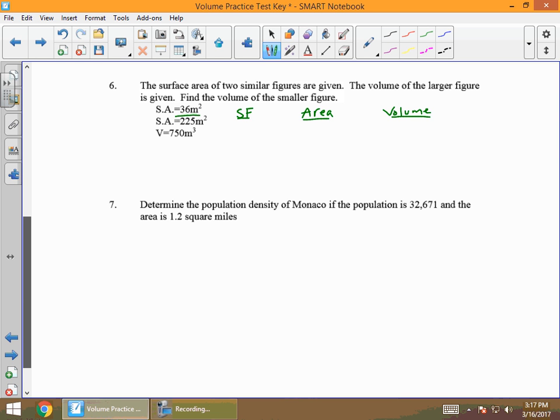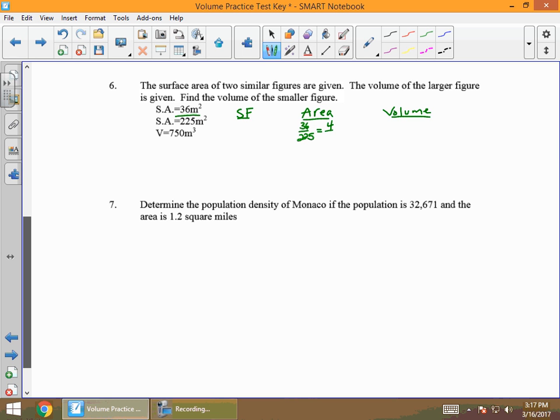They tell me the areas are 36 over 25. So if I type it into my calculator and reduce that fraction, 36 over 25 reduces down to 4 over 25.